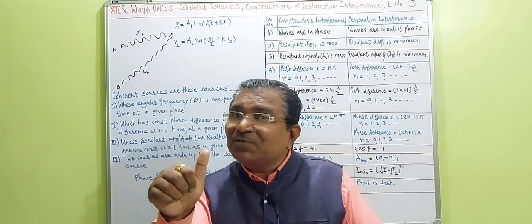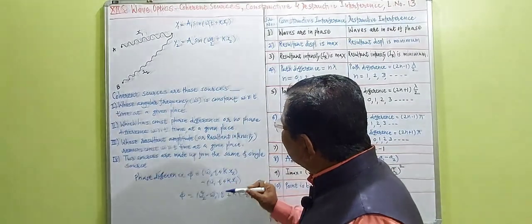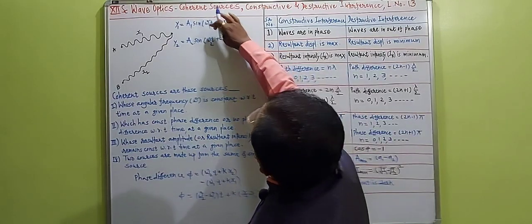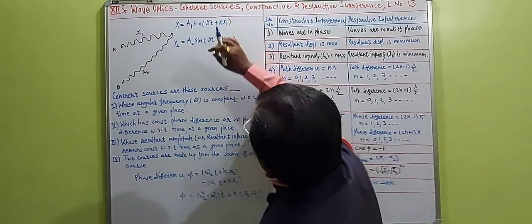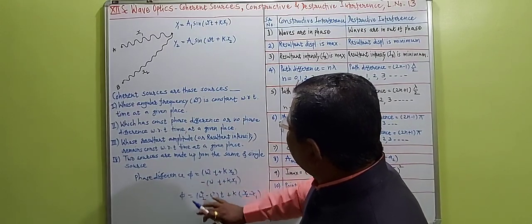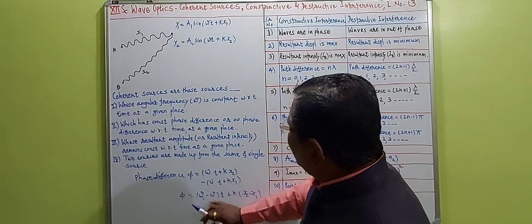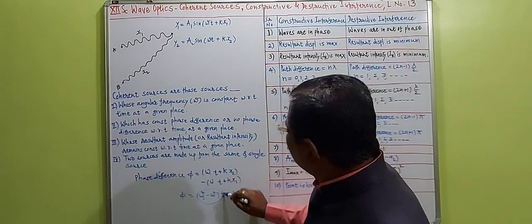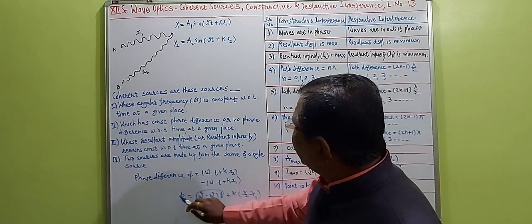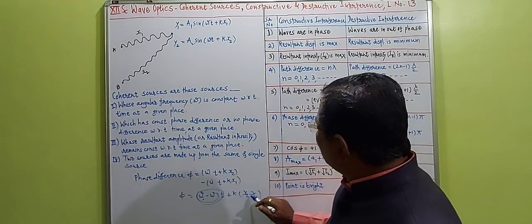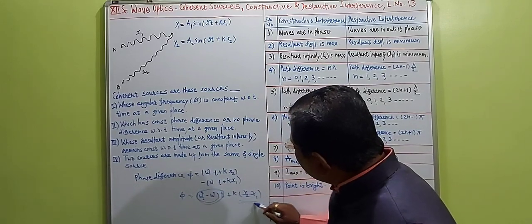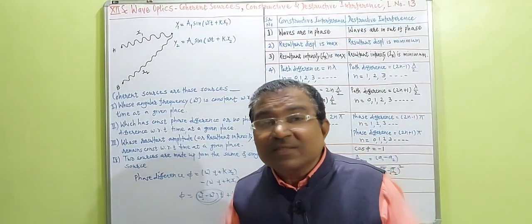Phase difference also does not depend upon time. If ω2 and ω1 are equal, then omega minus omega cancels, and you will simply get φ = k(x2 − x1). That means phase difference only depends upon path difference.